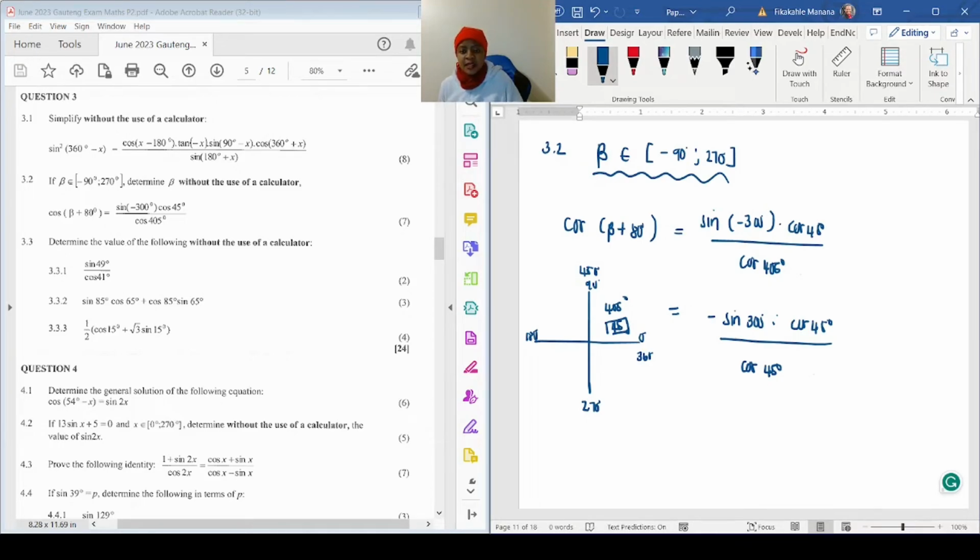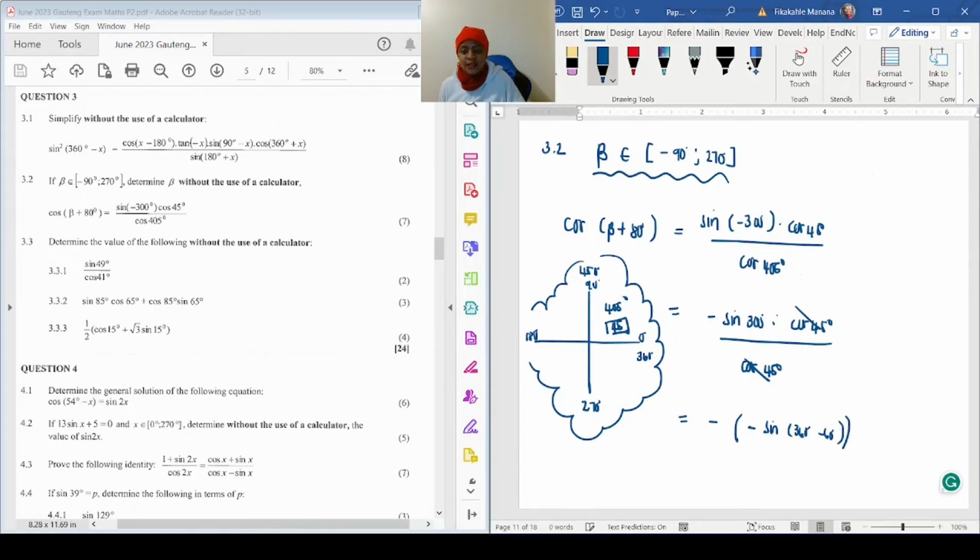All right, so this is just something on the side. Now the cos 45s cancel, and we have negative sine 300. Now sine 300 is in the fourth quadrant, right? You can see there. So we have negative sine of 360 minus 60.